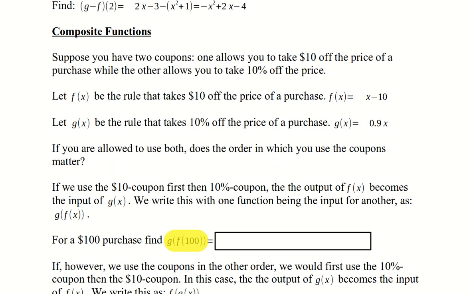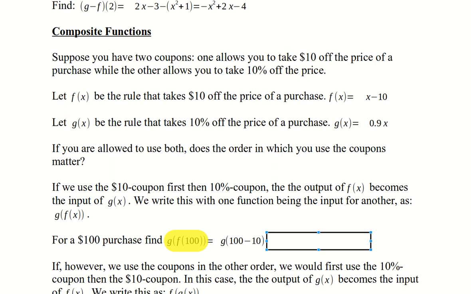Now, if you take another look at that, it means that we're doing f before g, which is different from the order that we read and write in. But if you focus on those parentheses and you think of them like grouping symbols, and the emphasis is on the analogy there, remember that's function notation, we're going to do the f first and then the g. So when we take that $100 and we do f first, that says to subtract 10 from 100.